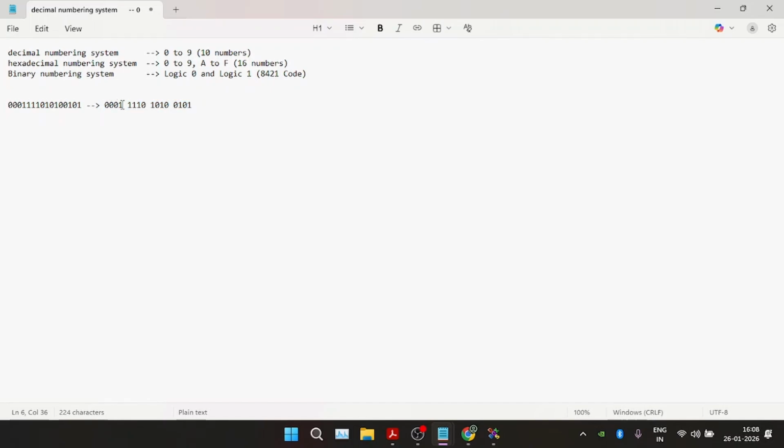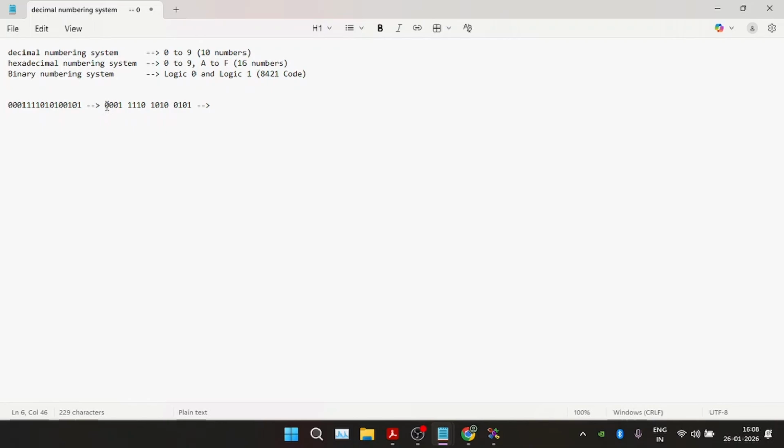So in this way I have to split four digits from the least significant bit, and each set of 4 bits will represent the 8421 code. This one is 8421, this one is 8421, this one is 8421, and this one is 8421.